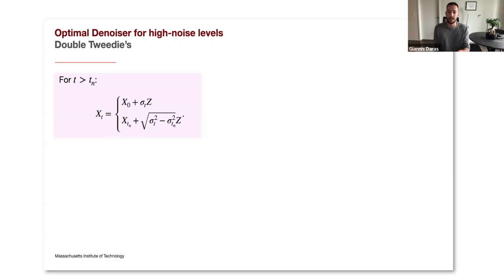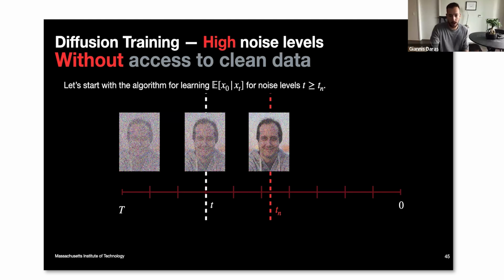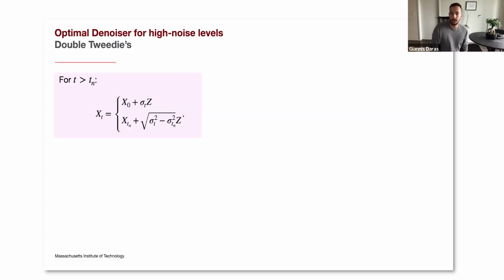You can view it as something that was once very clean, this X0, and then you added a lot of noise to it. Or you can view it as something that was noised at a particular noise level, this red dashed line here, which we're going to call XT nature, the noise level we have in our data set, and then you just added a little bit of noise on top of that. So these are two equivalent expressions for this random variable.